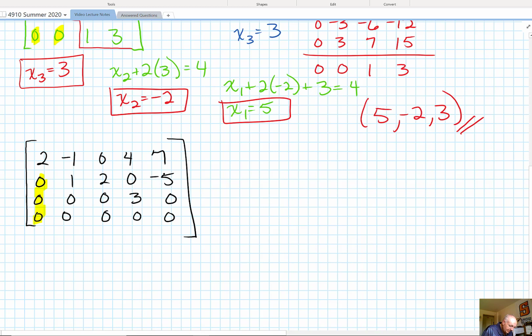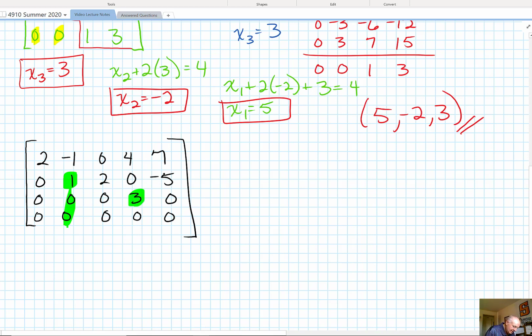And you do that by using this row and this row in a row operation, and then you use this row and this row to eliminate that 0, and then you use this row and this row to eliminate that 0, right? Going to the next row, here's our first non-zero entry. Everything down below it is zeros. Okay.